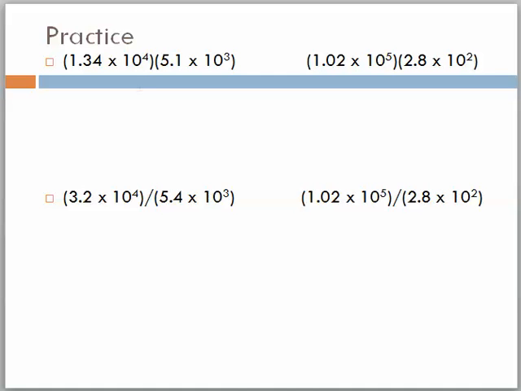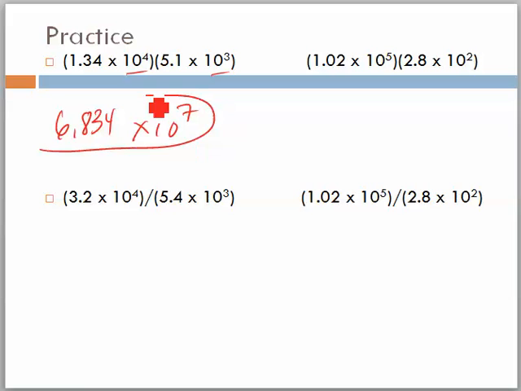Right here I can look at this and say that 10 to the fourth and 10 to the third, that's 10 to the seventh. So then it really becomes, what is 1.34 times 5.1? And that turns out to be 6.834. Now I don't need to do any other changes to it because I've only got one number to the left of my decimal point.